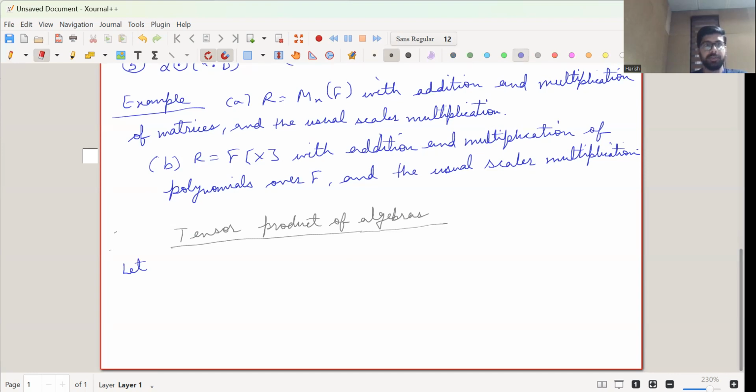Just write: tensor product of algebras. You have R and S, you have algebras.